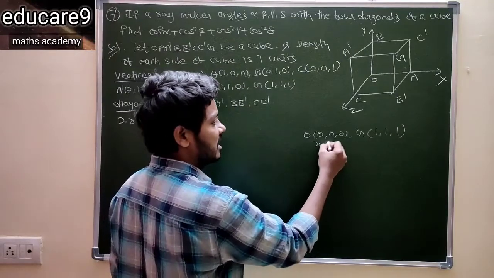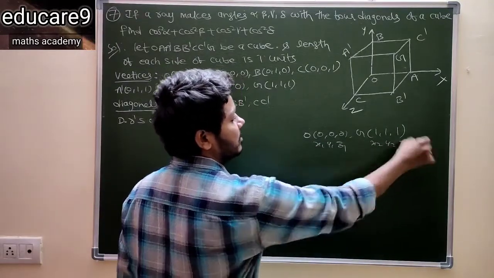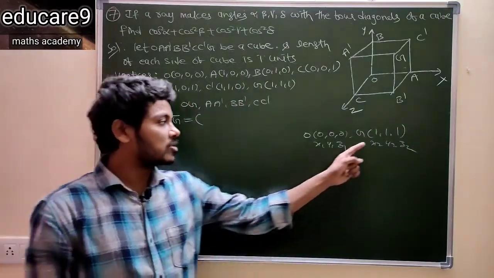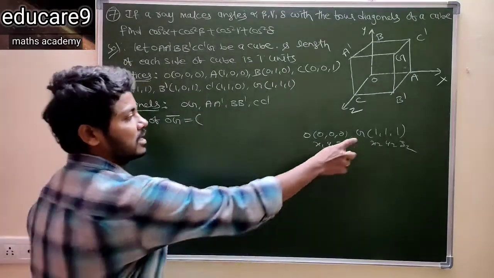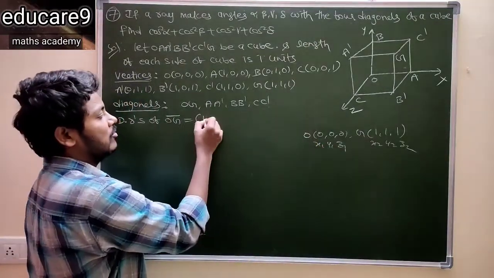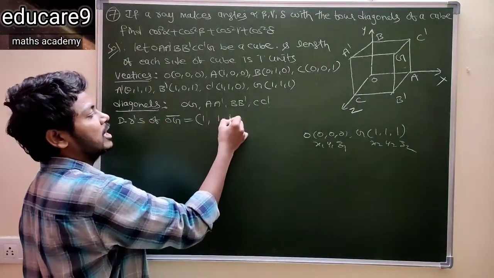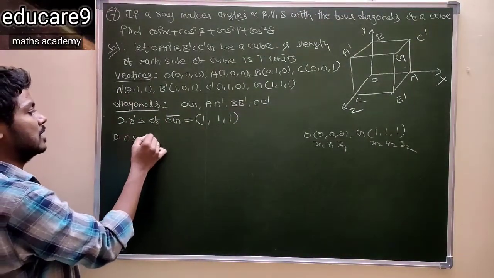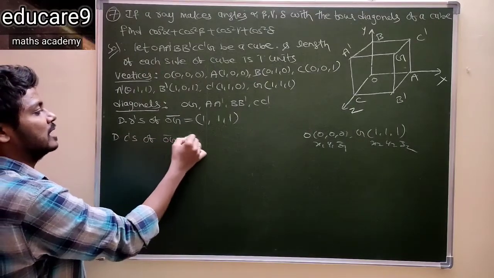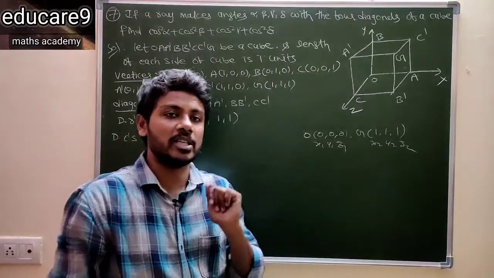So here this is x1, y1, z1. This is x2, y2, z2. So what are the DRs? x2 minus x1, y2 minus y1, z2 minus z1. That is 1 minus 0, 1 comma, next 1 minus 0, 1 minus 0. You will get 1 comma 1 comma 1. Now DCs of OG. That is x by square root of x square plus y square plus z square.